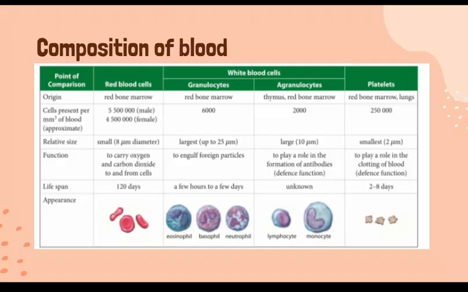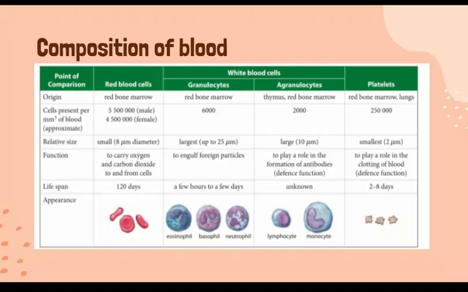However, it doesn't really matter, as there's not too much in sports that requires you to have a large amount of red blood cells. The relative size is pretty small, 8 micrometers in diameter, and the main function is to carry oxygen, and carbon dioxide as waste, from cells. So it's delivering oxygen to the cells and carrying the waste away from the cells.